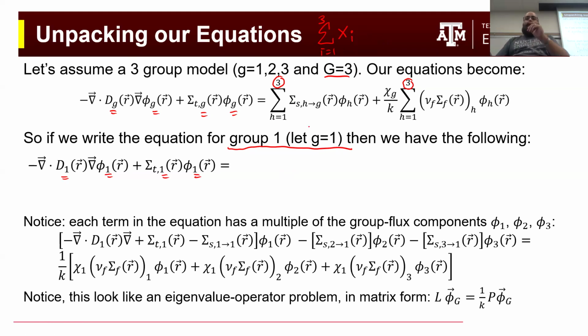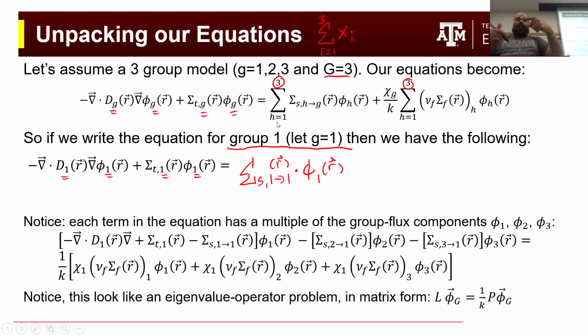So if I were to write the first term, it would correspond to h equals 1, and g is 1 because we're looking at group 1. So the first term would be sigma s going from 1 to 1. And again, h is 1, so I'd be multiplying by phi 1. Both of these could vary with position. That would be my first term when I let h be 1.